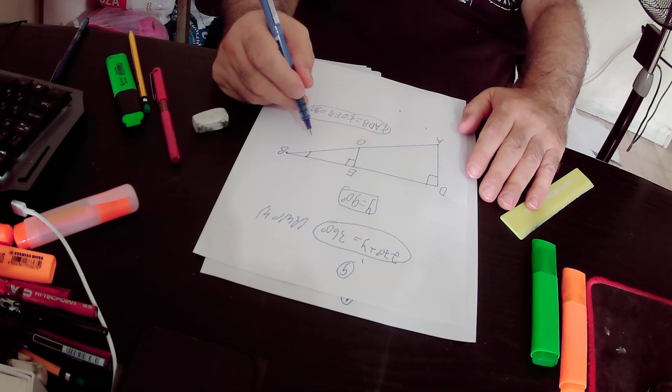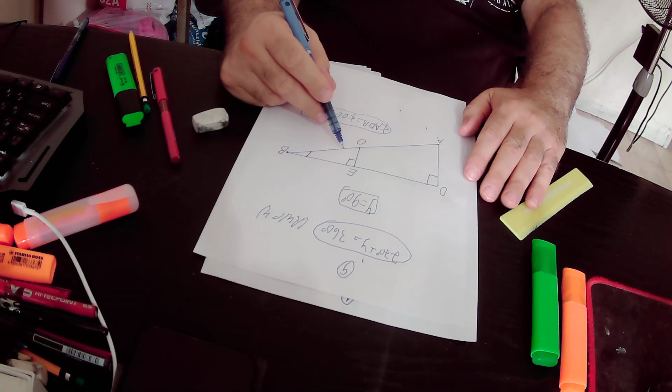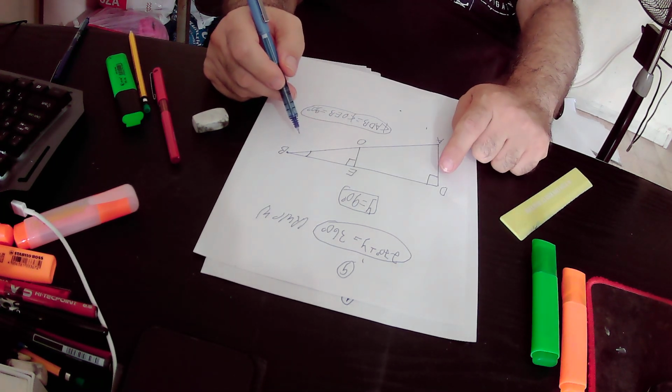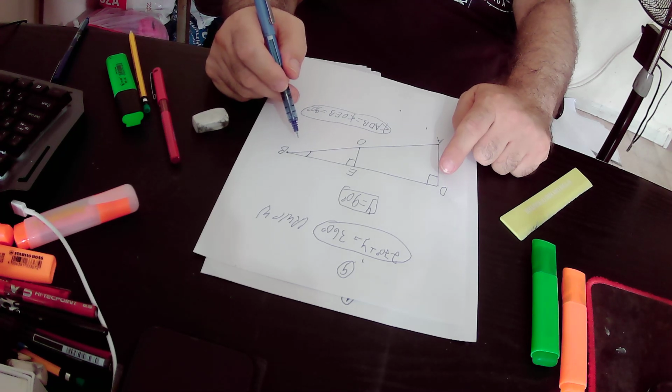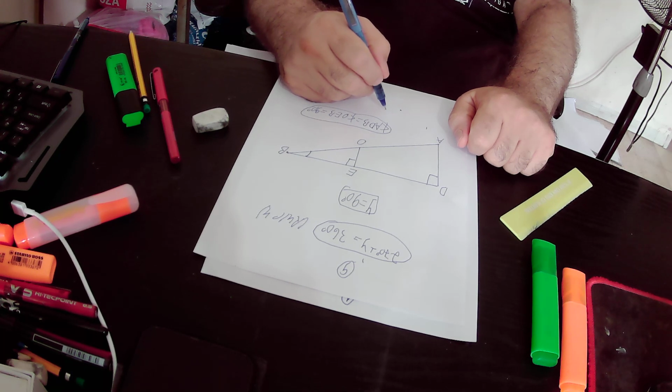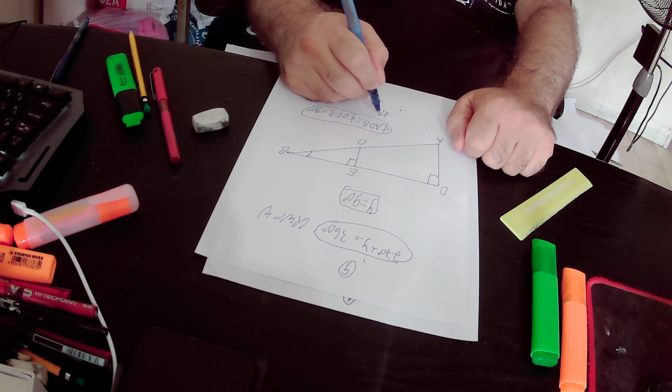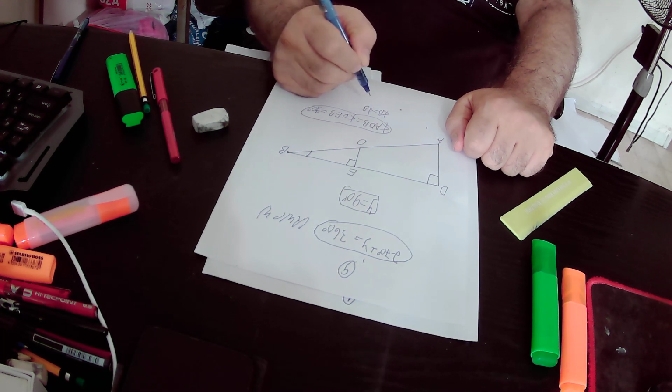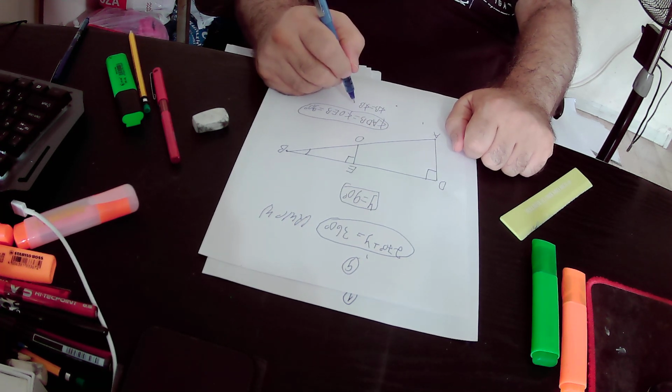It belongs both to the small triangle, and angle B also belongs to the right triangle, triangle ADB. So you can write down that angle B equals angle B. It is a common angle.